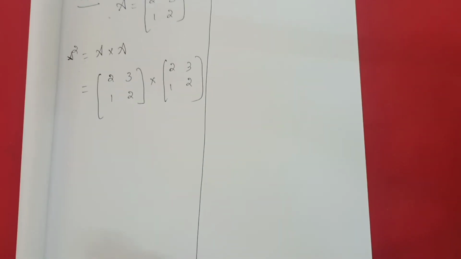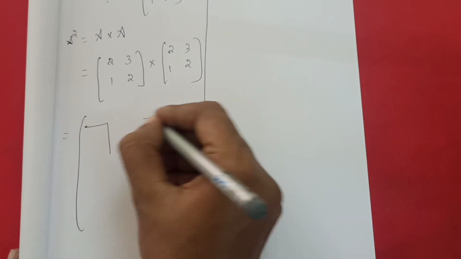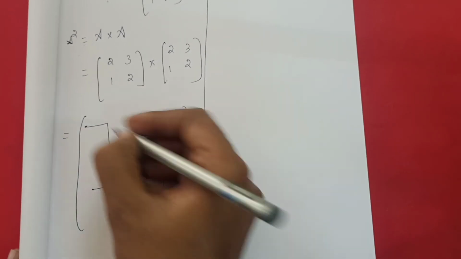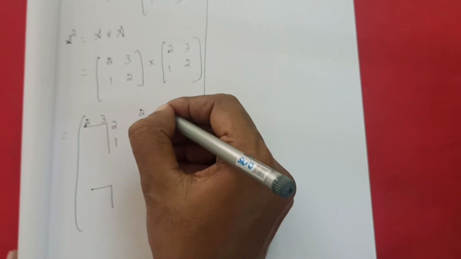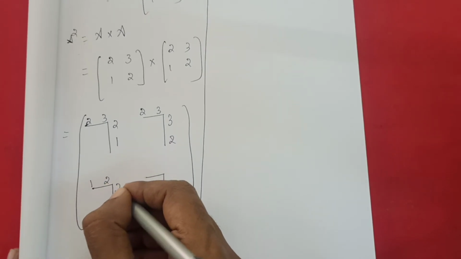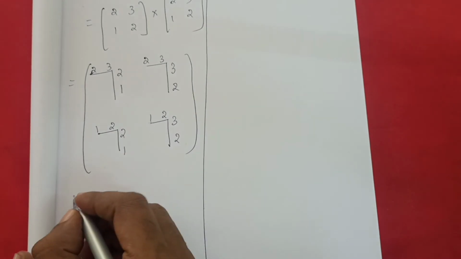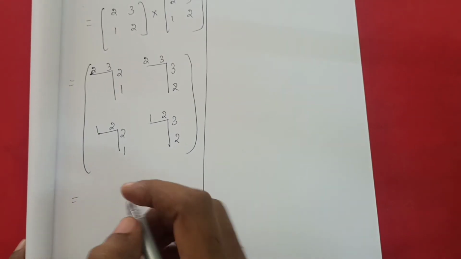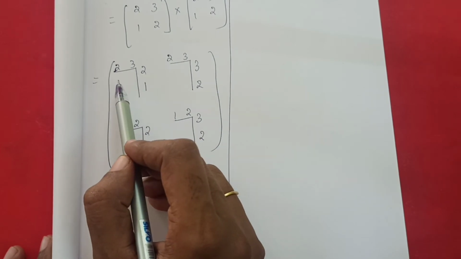Now we are going to multiply by using the 7 method. Write down 2, 3, 2, 1: first row first column, first row second column, then second row first column, second row second column. Now multiply. I have already taught you many problems related to multiplication in the basic class.